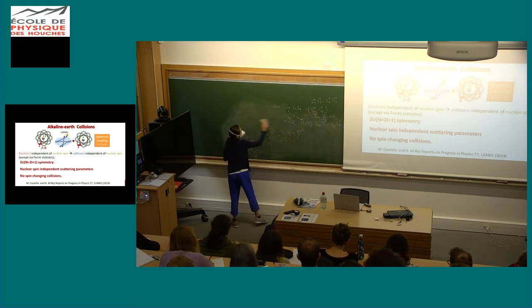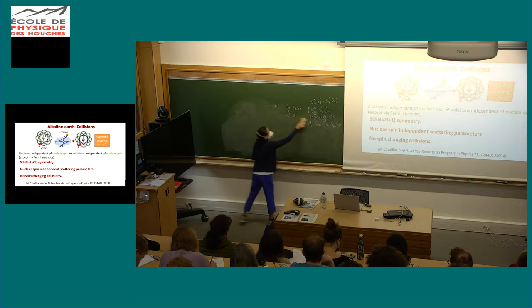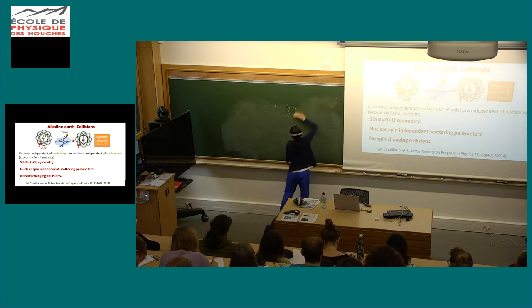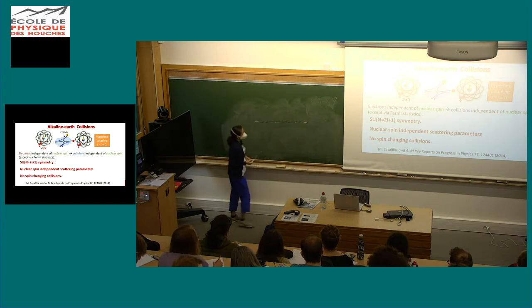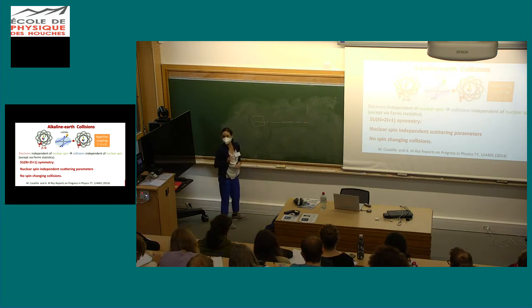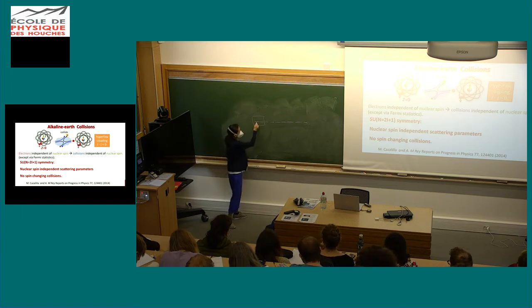So the characteristic here is that, imagine that I have my 10 nuclear spin states. And then I prepare, for example, an initial sample that only has these two flavors. I only have 9/2 and 7/2.